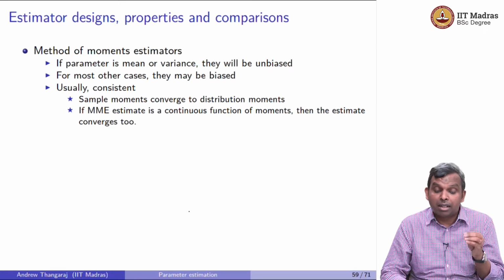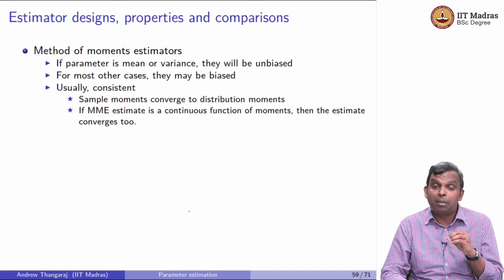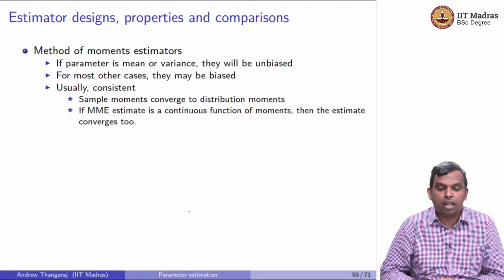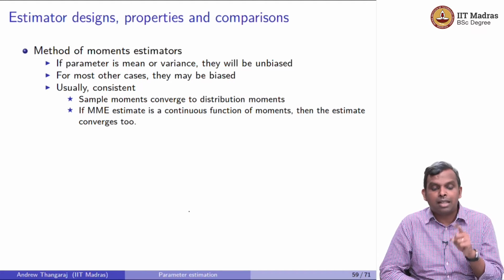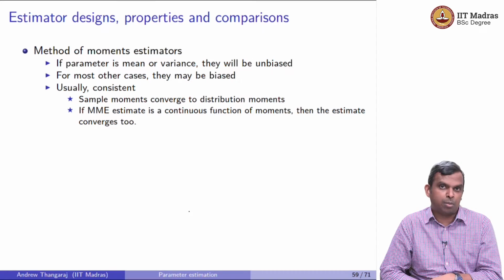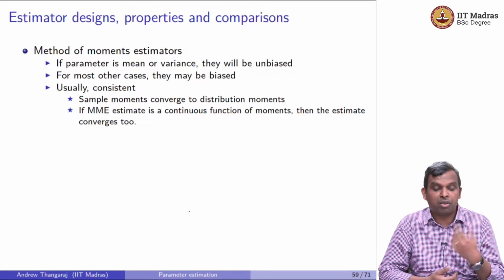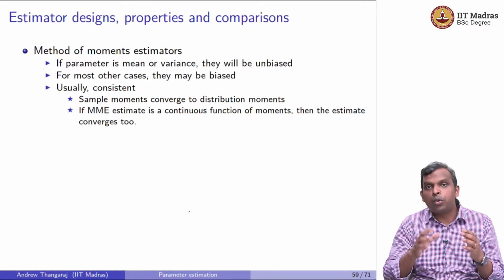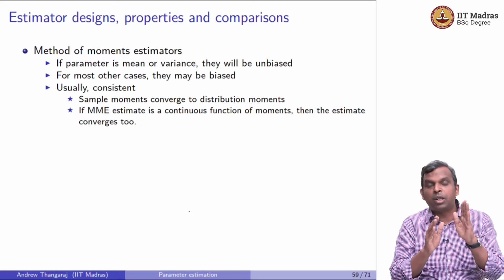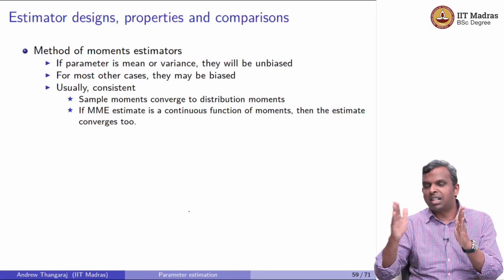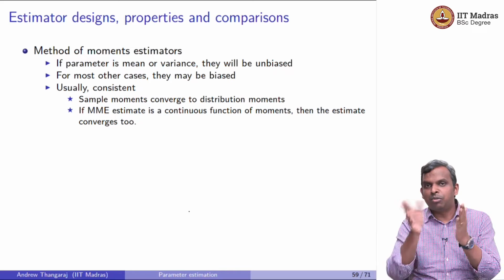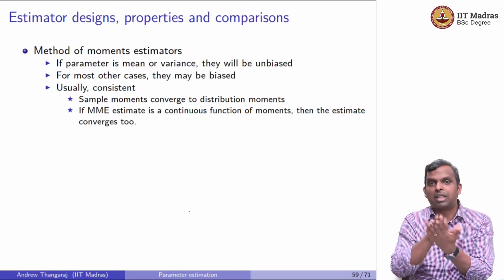But on the other hand, you can typically expect them to be consistent. Why is that? Because sample moments converge to distribution moments in probability. We saw that before; it comes from the weak law of large numbers. How do you find the method of moments estimate? You equate sample moments to expressions in terms of parameters, and then you invert that to get parameters in terms of sample moments.